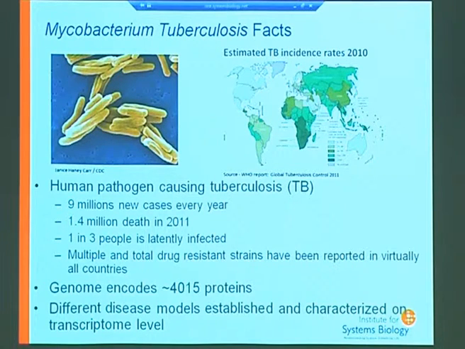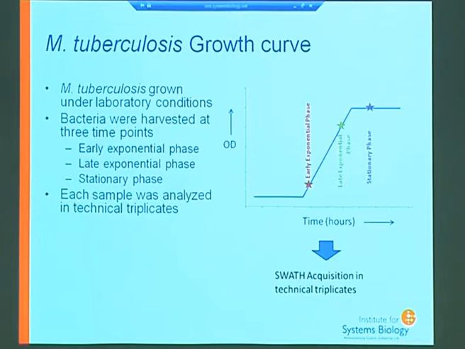The genome is about 4,000 proteins, and you saw that we have that fairly well covered. And there are different disease models, and we're going to look at one particular case of that, but they're only well established on the transcriptome level.